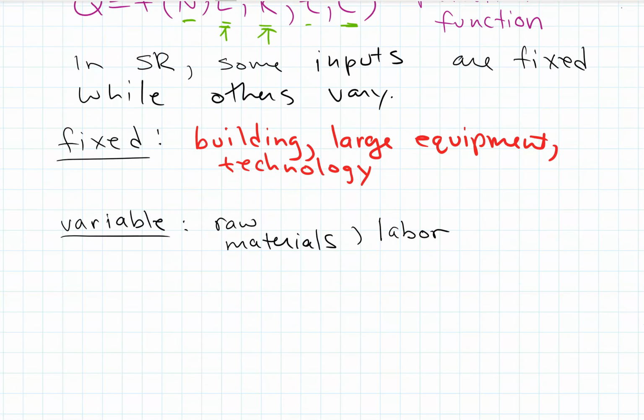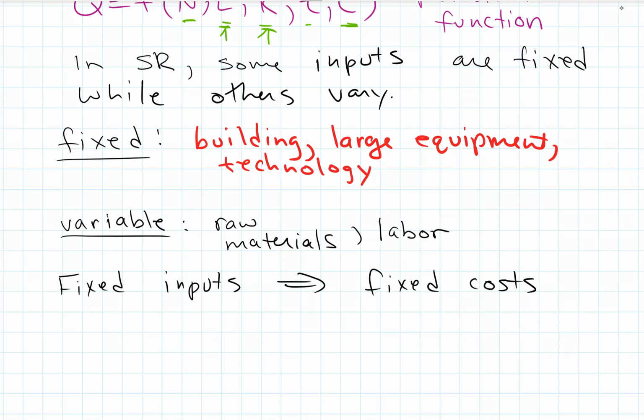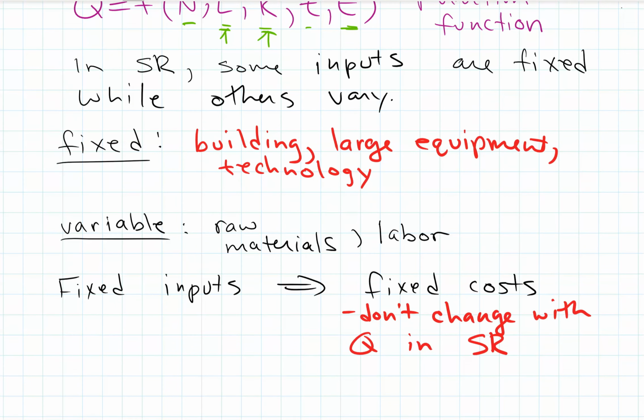But one thing I just want to add is that because some inputs are fixed, the fixed inputs lead to fixed costs, right? So these fixed costs don't change with the quantity in the short run.